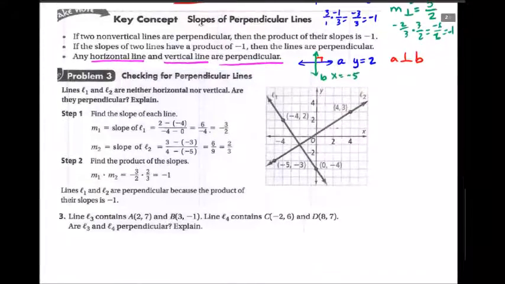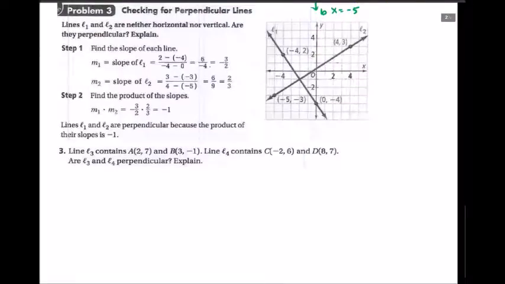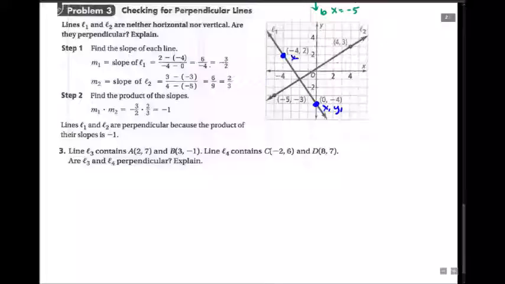So you're saying, well, how do we check if lines are perpendicular? Well, we look at the slopes. So we choose our first line, line L1. There are our points. We label them x1, y1, x2, y2. And then we put them into our formula. Oh, I got that backwards.